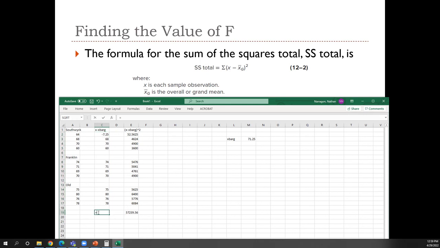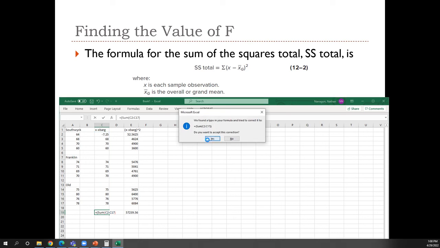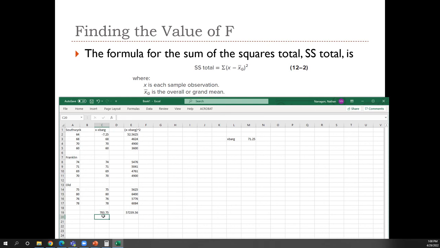So this equals sum, and of course equals this times itself.